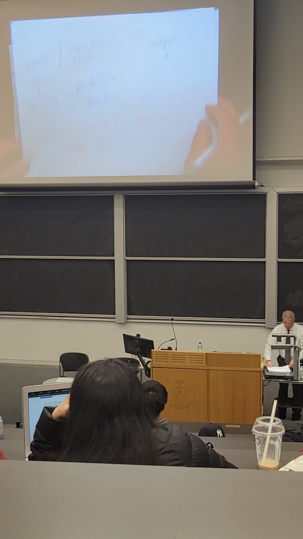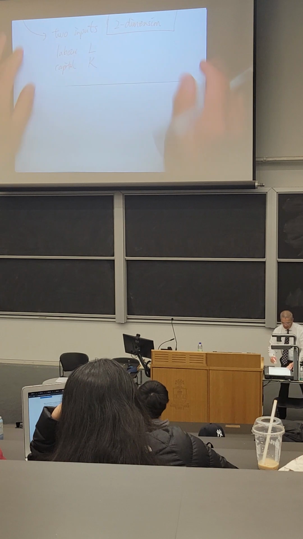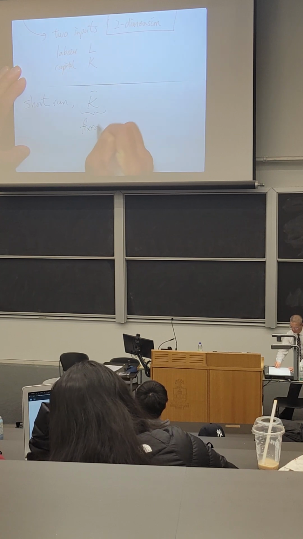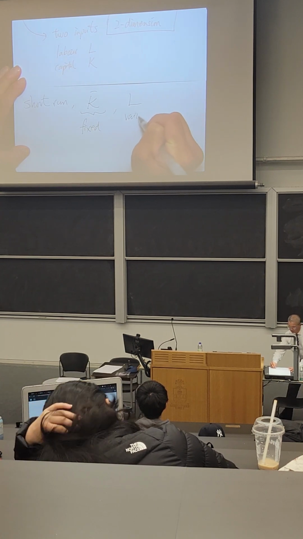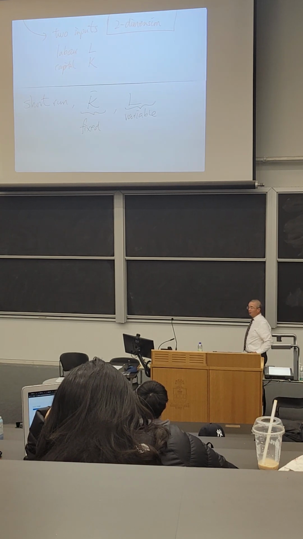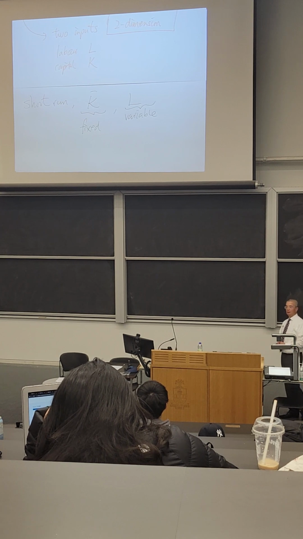And now, when we have these two inputs, then in the short run, capital is fixed. Labor is variable. Remember, short run means the firm does not have enough time to change everything. If the firm is only using two inputs, capital requires longer time to change.